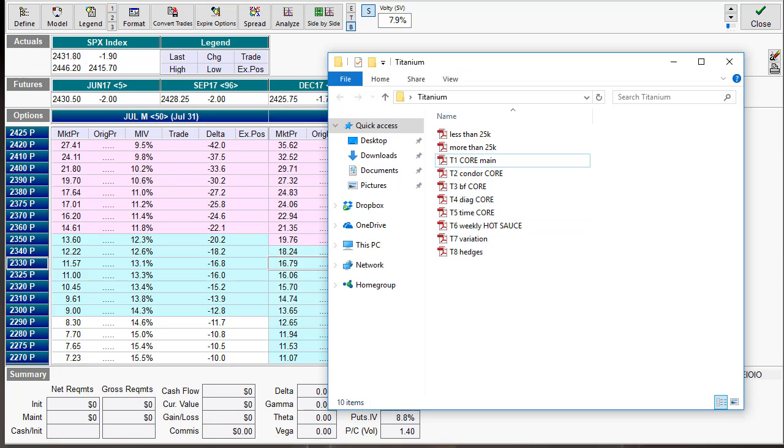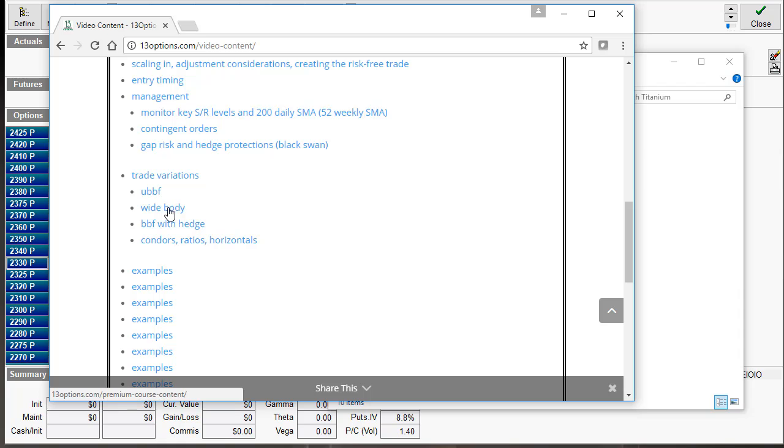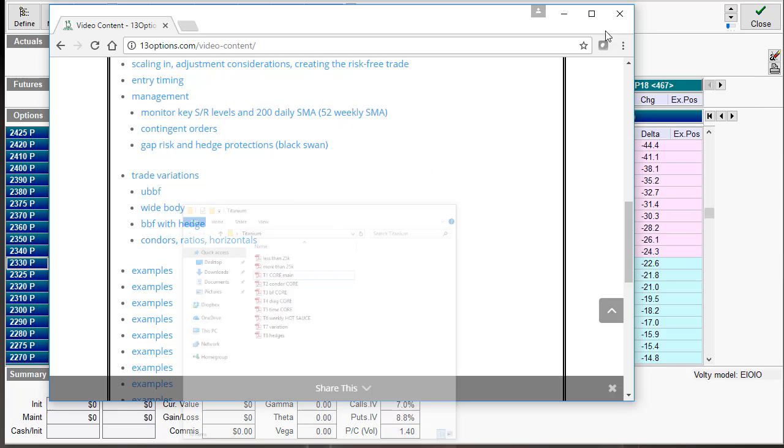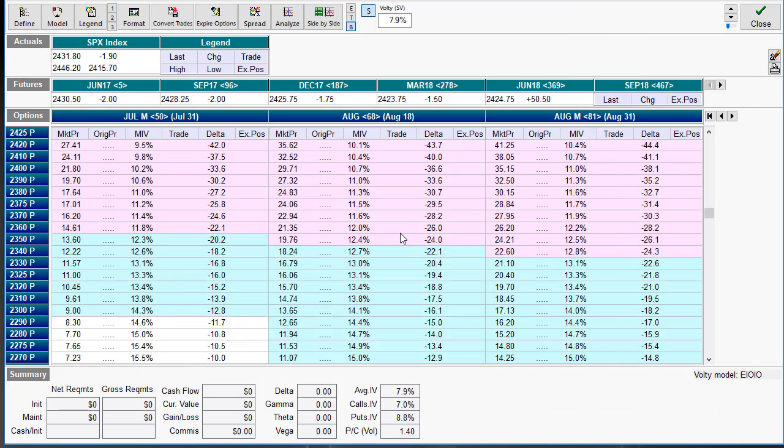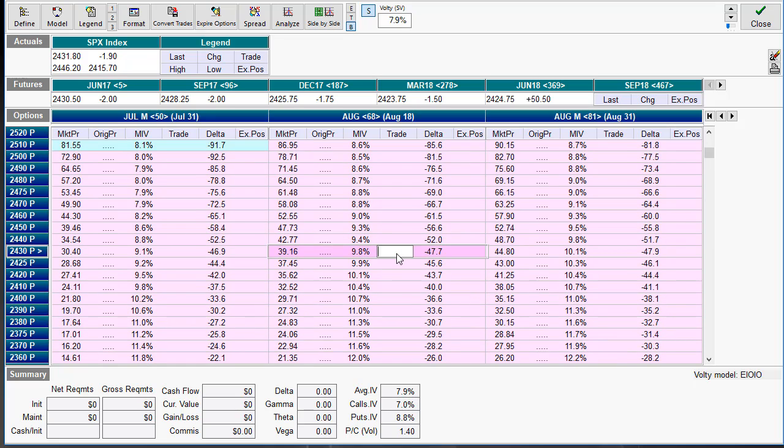So then if we're going to look at the next one here, if we're going to look at the wide body, all right, well, what's a wide body going to look like? The wide body can either be just the same as this unbalanced approach, but much more, I mean, we could put one here at 2460.